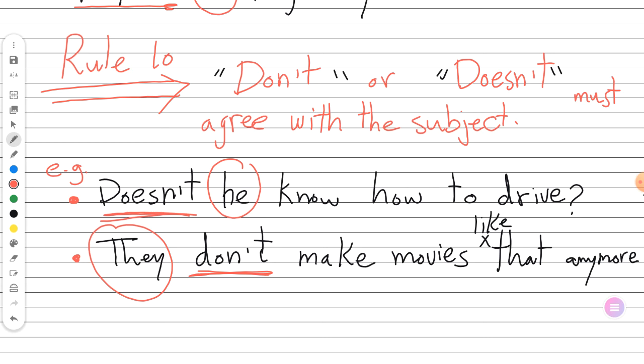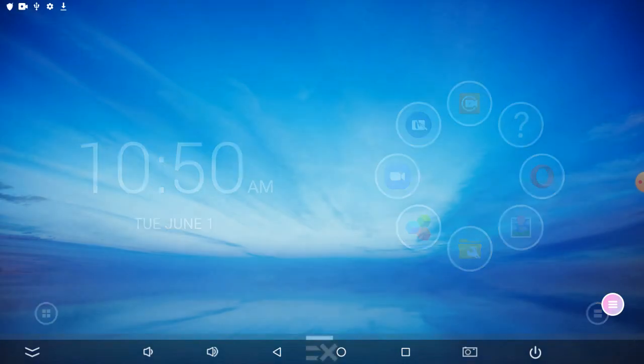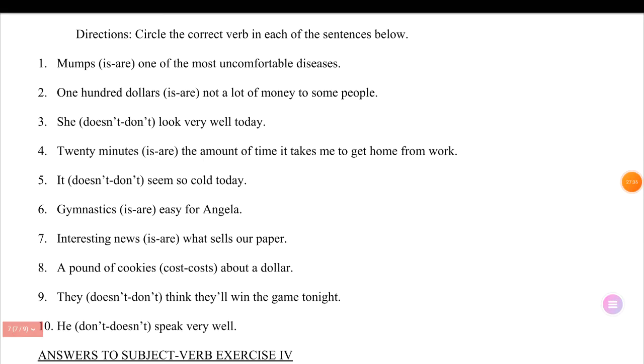Okay, let's have an exercise. Circle the correct verb in each of the sentences below.